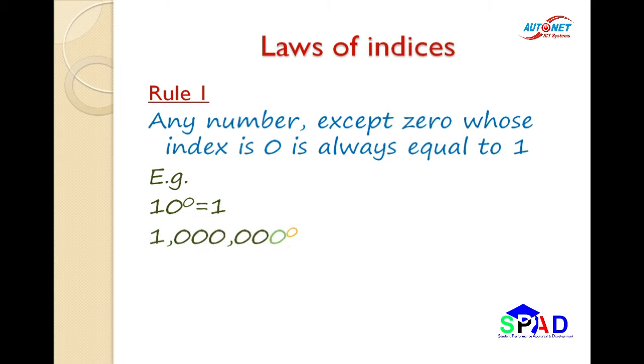If I say, for example, that I'm going to give you 1 million to the power 0 shillings, what exactly do I mean? I mean that I'm going to give you 1 shilling. So anything to the power 0 is simply equal to 1 except 0. So 0 to the power 0 is not equal to 1. 8 to the power 0 equally would be equal to 1.